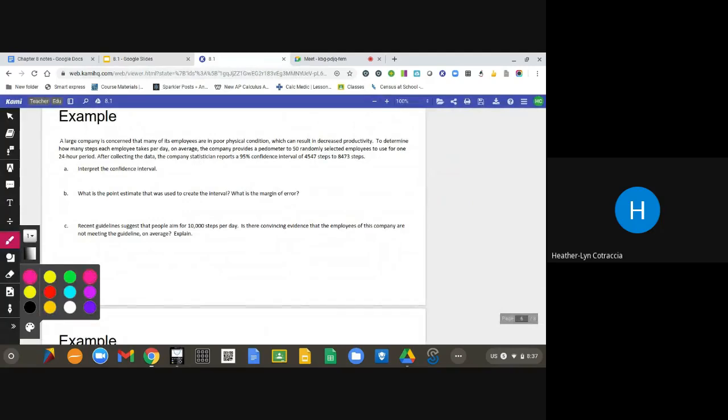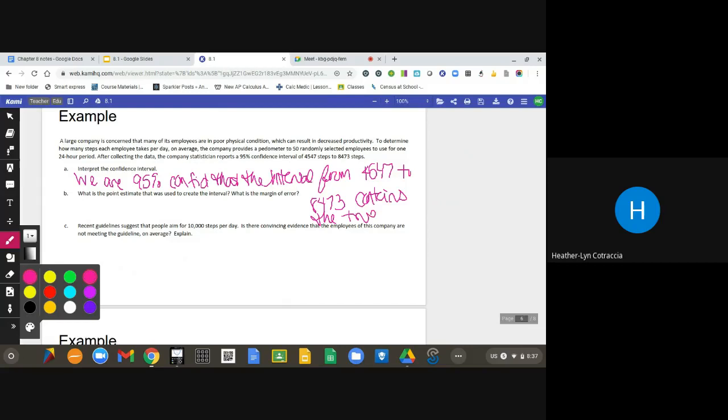So for the confidence interval, we are 95% confident that the interval from 4,547 to 8,473 contains the true average number of steps taken per day at that company.